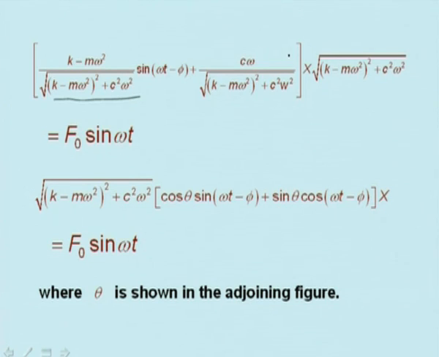Similarly here c omega, and here cos omega t minus phi. Since we divided by the square root of k minus m omega square whole square plus c square omega square, we also have to multiply by the same thing, so the expression remains the same.